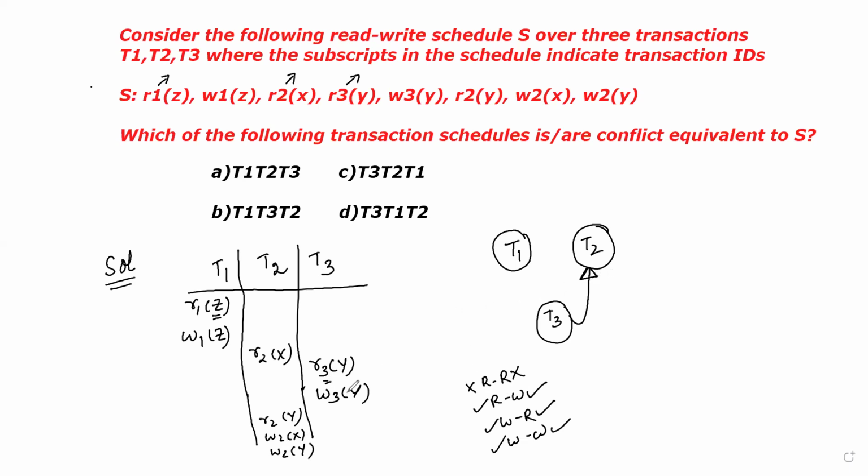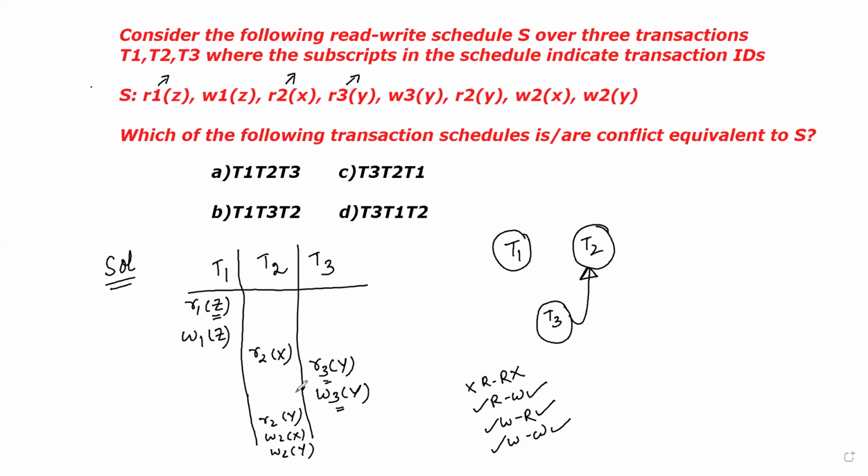Now we see W3 of Y and R2 of Y. Yes, there is a conflict between T3 and T2, so the same line is drawn again. The conflict pairs are R3(Y) with W2(Y), and W3(Y) with R2(Y).